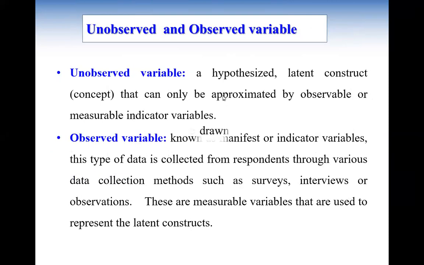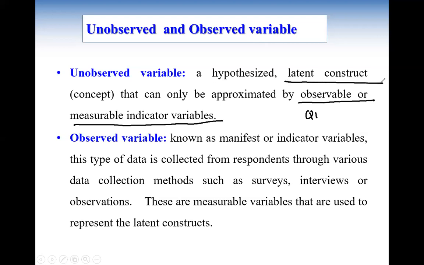Unobserved phenomena cannot be directly observed, but we can observe them through questions or measured indicators. Whatever questions we prepare for our study are all known as measured indicator variables, or observed variables. Observed variables are nothing but simple questions. On the basis of these questions, we can find the latent phenomena.